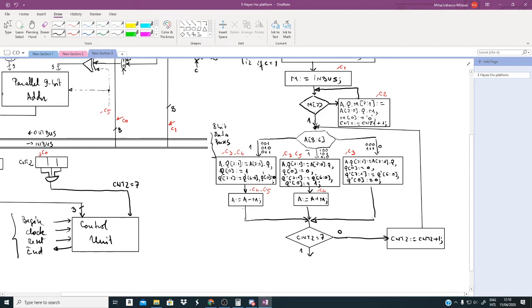So it's C6, and C7, C6, C7, and C6 here. Okay, C6.